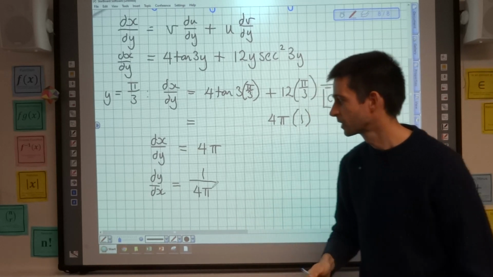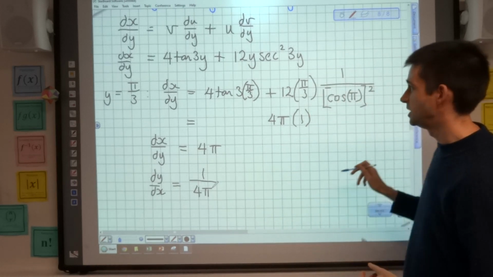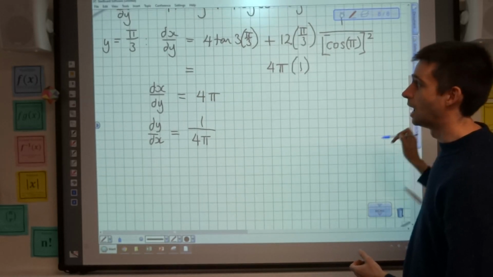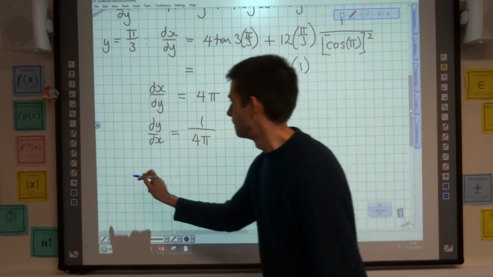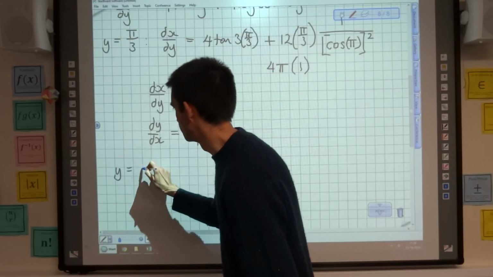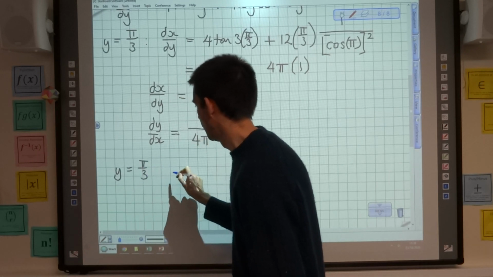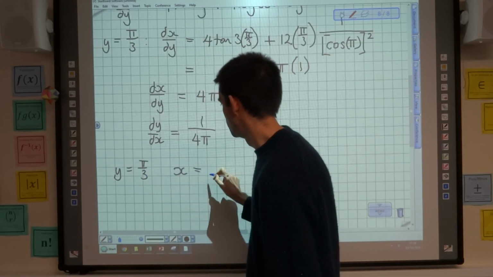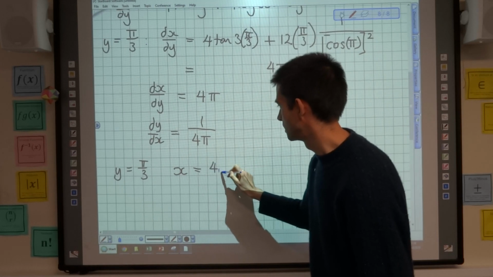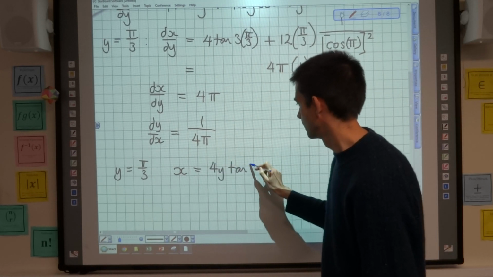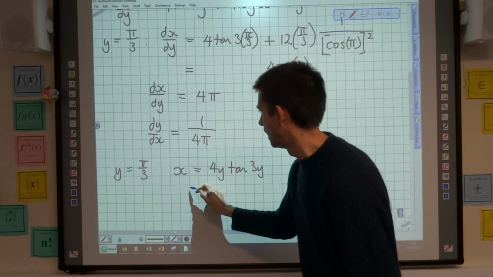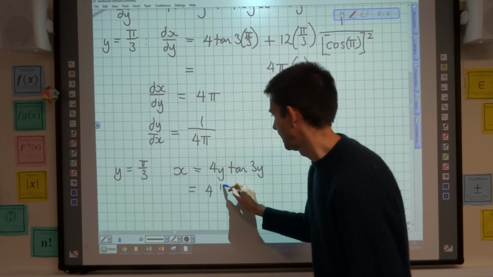Please don't do it. In addition to the gradient, I'm also going to need the x coordinate because I'm given that y equals pi over 3, and I need to use my original function, which is x equals 4y tan 3y, and substitute pi over 3 into here.